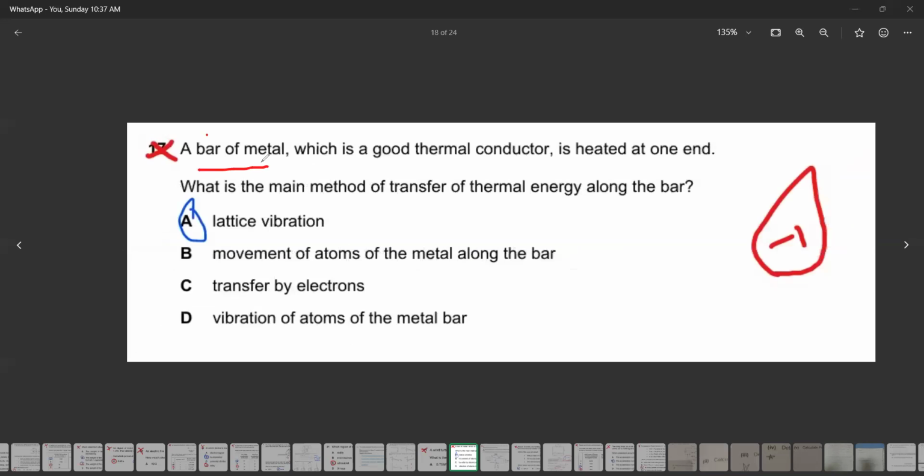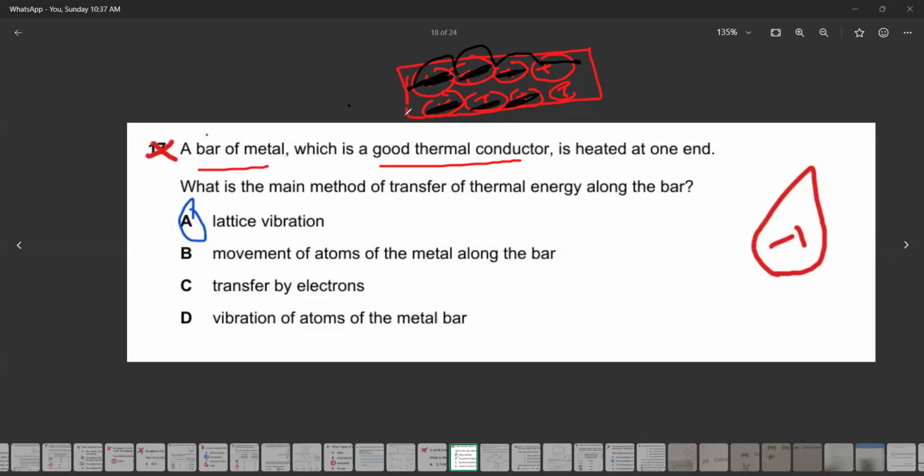A bar of metal, which is a good thermal conductor, is heated at one end. So you have a metal bar, a lattice of positive ions and delocalized electrons. How is the energy transferred? Two things happen. One is lattice vibration: the particles collide and transfer energy.